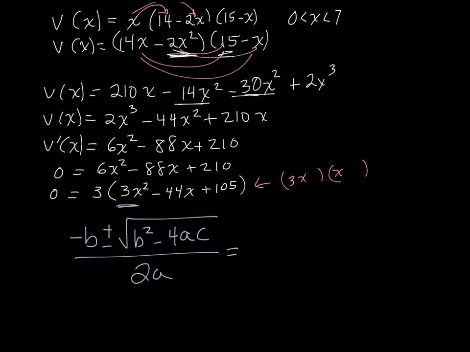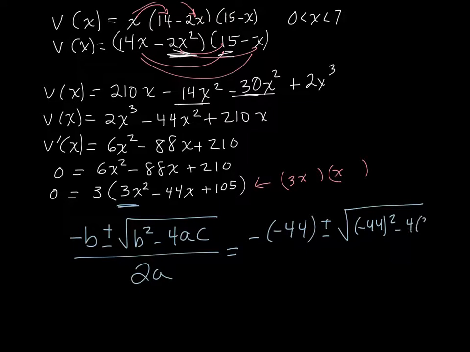So in this case, I'm going to have a minus negative 44, because that's my b, plus or minus the square root of negative 44 squared minus 4 times my a times my c, all over 2 times my a, which is 3.